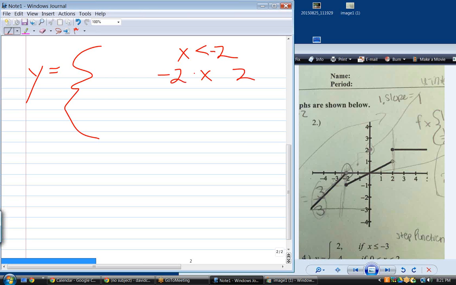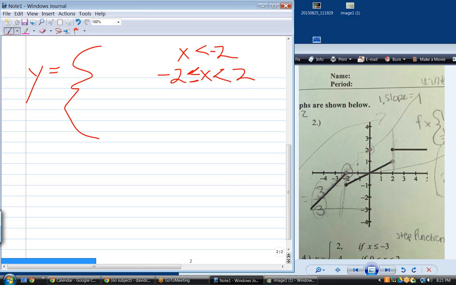Is this greater than or equal, or just greater than? X is greater than negative 2. It's greater than or equal, because it's a closed dot. See that? Yes. Okay, and is it less than or equal to the next number? Just less than 2.